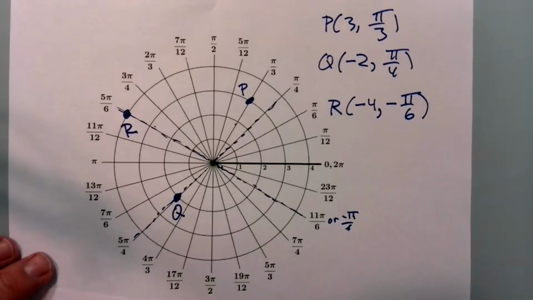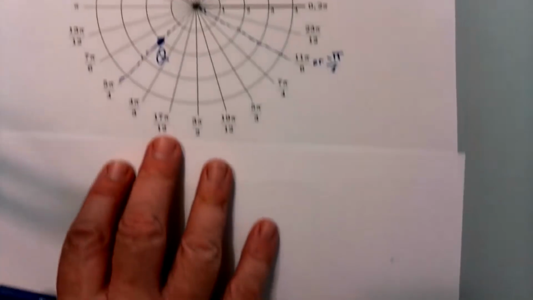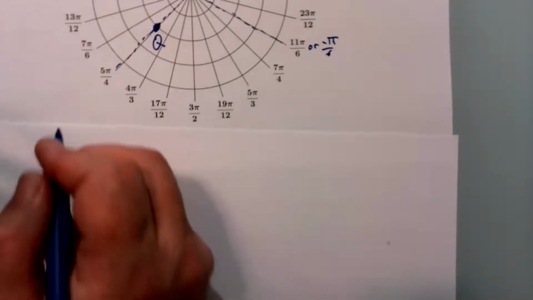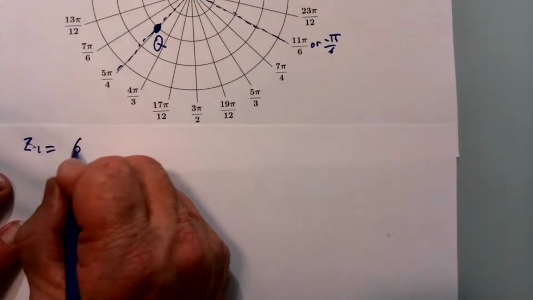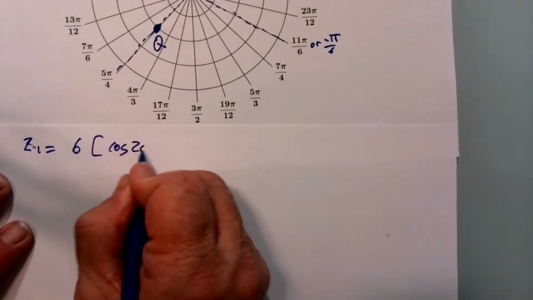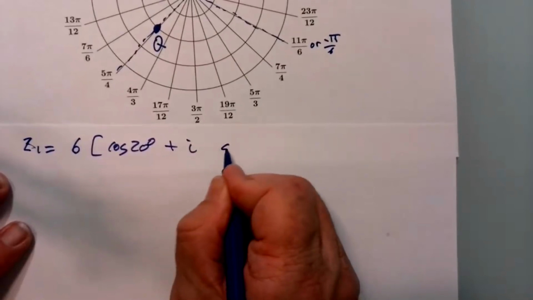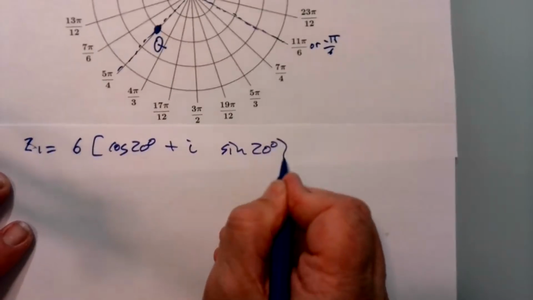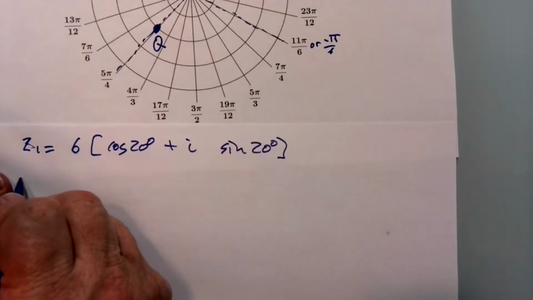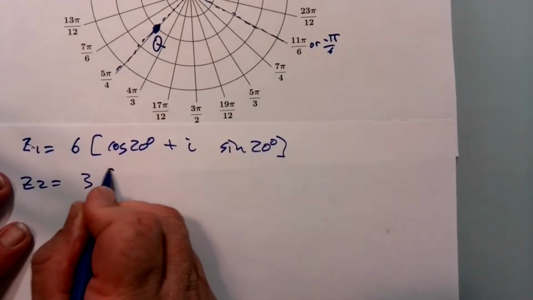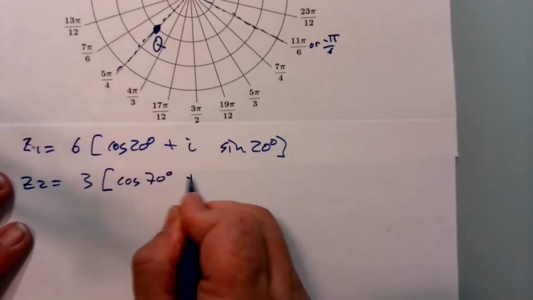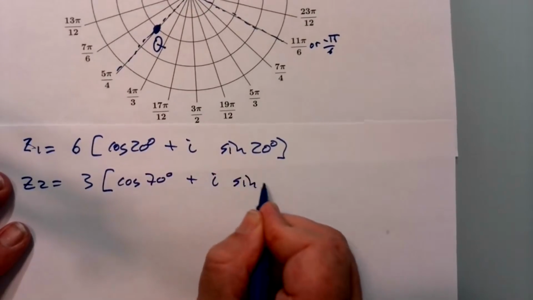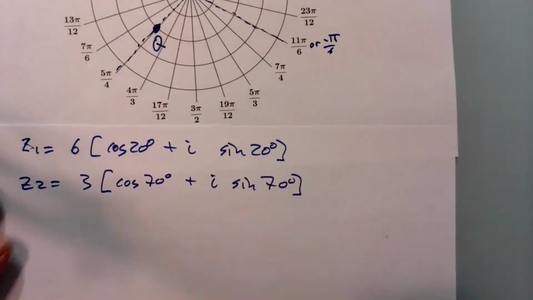So I'm going to give you two complex numbers. We will say Z1 is 6 times the cosine of 20 degrees plus I times the sine of 20 degrees. We're going to say Z2 is 3 times the cosine of 70 degrees plus I times the sine of 70 degrees.